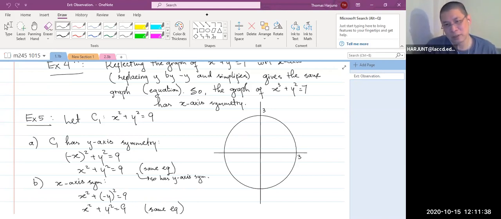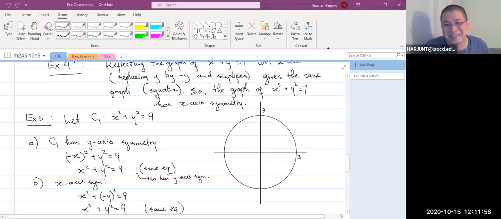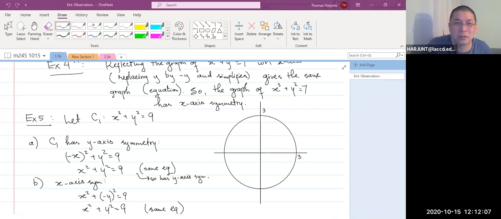It has origin symmetry. So is that an even and odd function? I'm asking. You think so? No, it's not. Why? It's not even a function, because it doesn't satisfy the vertical line test.